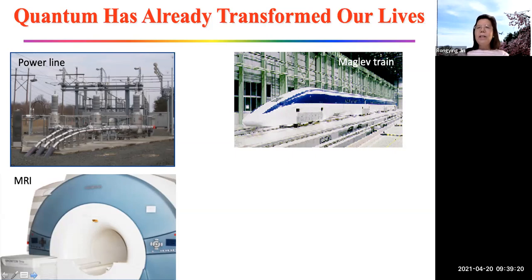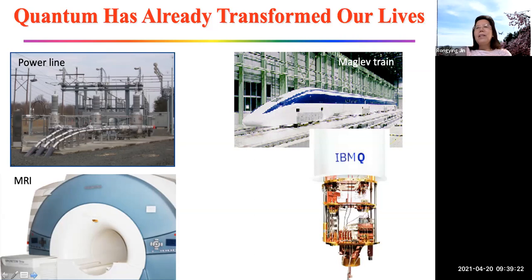And more recently, of course, you all know this IBM Q. All of this technology is actually based on a material called a superconductor, right? Superconductors give us conduction without any resistance.